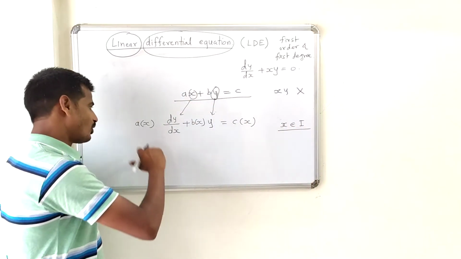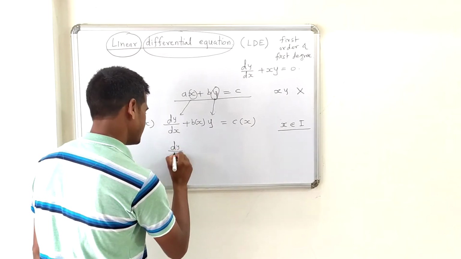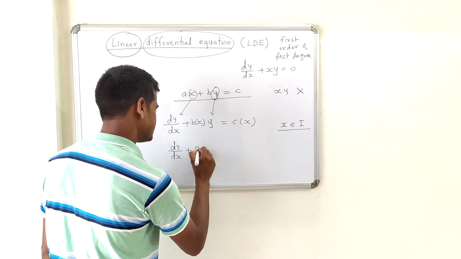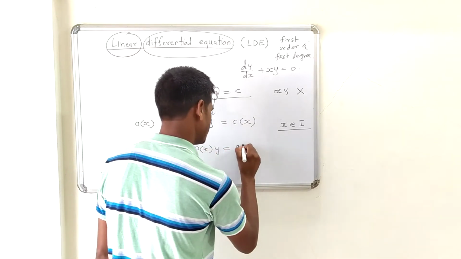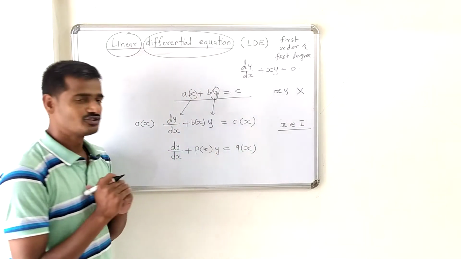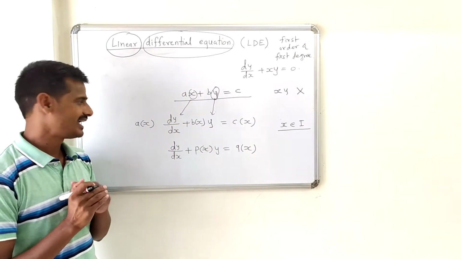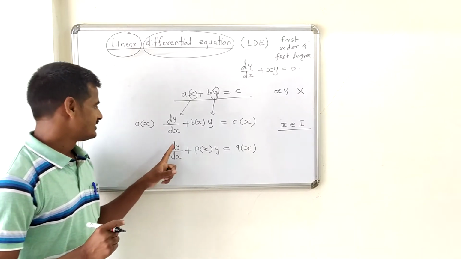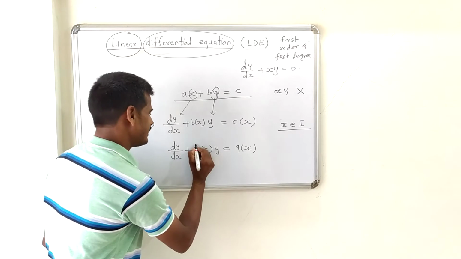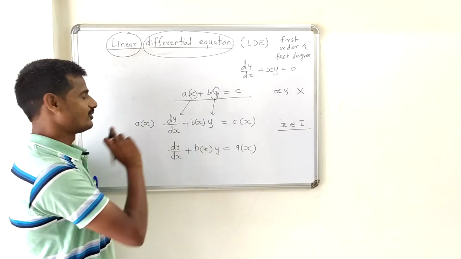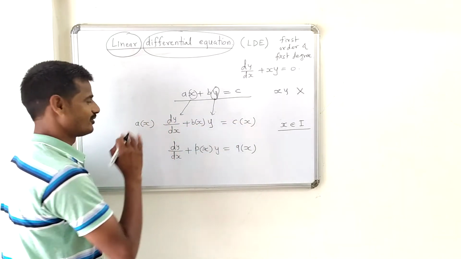Now I can transform this equation into this one: dy by dx plus p of x into y is equal to q of x. Here we have assumed that we divide this differential equation by a of x, so you will get this form, dy by dx plus p of x into y equal to q of x. Here p of x is b of x upon a of x and q of x is c of x upon a of x.